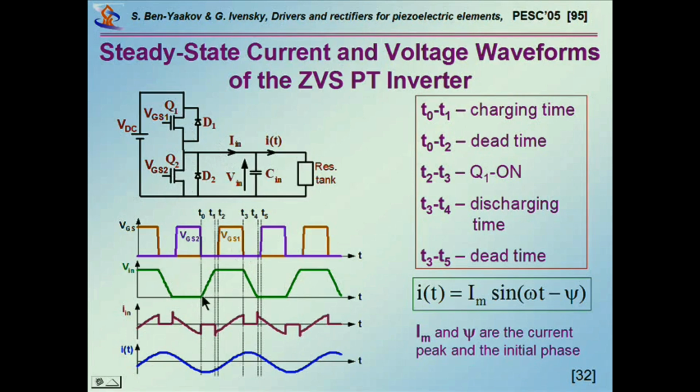Then we'll see, of course, the self-commutation, these will be the gate drives, and during the dead time we'll see the self-commutation due to this lagging current, charging of the capacitor, and of course, in this case, we'll have soft switching, and the diode will conduct, etc.